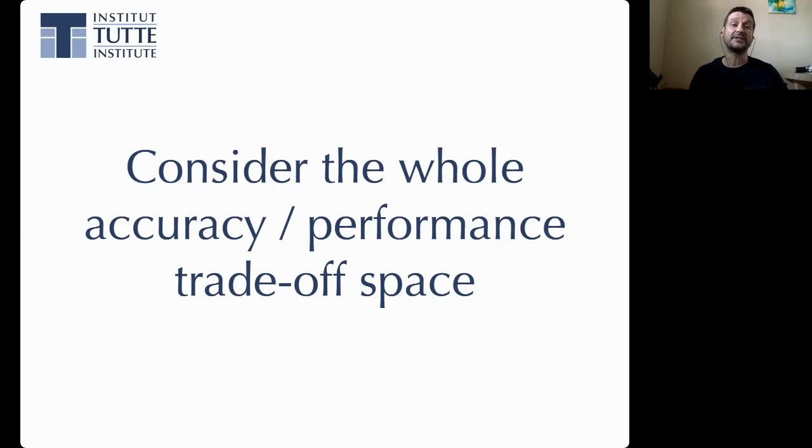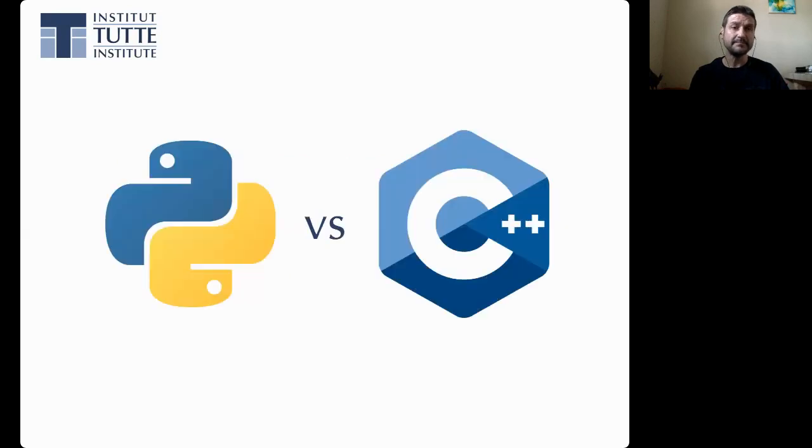And ANN-Benchmarks lets you do that. It'll provide a curve of the trade-off space between speed and accuracy. And one last thing to note before we look at benchmark plots, PyNNDescent is pure Python, letting Numba do all the performance work, whereas the other implementations we'll be comparing to are all C++ implementations with a thin Python wrapper.